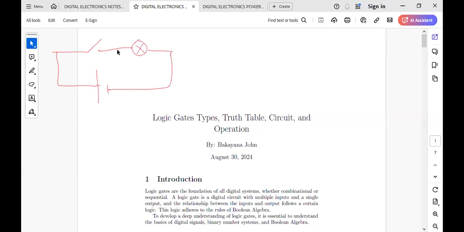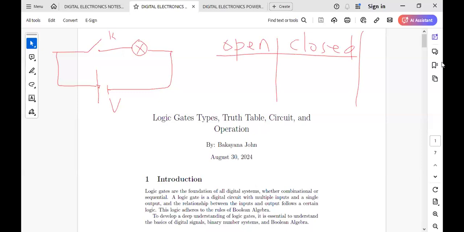Don't leave open wires where wire does not reach a certain point. So we have a switch, let's say K, and then we have a bulb, and we have a battery with voltage V. Now the question is, a switch has only two conditions. It has open, and also it has closed.